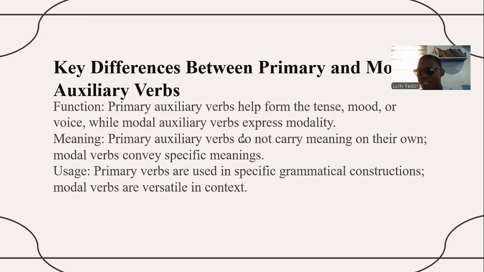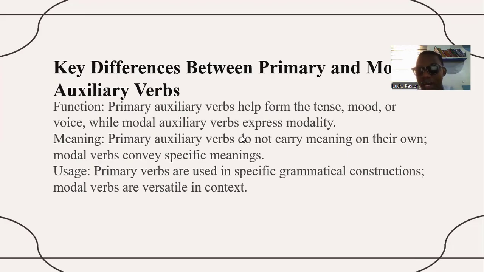Now, in terms of meaning, they differ. Primary auxiliary verbs do not carry meaning on their own, but modal auxiliary verbs convey specific meaning. Of course, that is true. Primary auxiliary verbs can't give you a meaning on their own unless you add them to help a main verb. But modal auxiliary verbs can carry a meaning on their own to an extent.